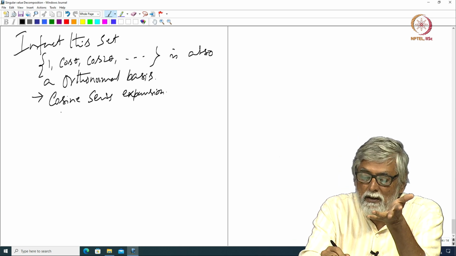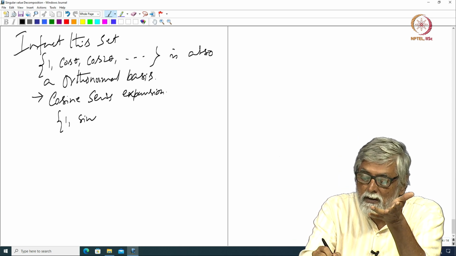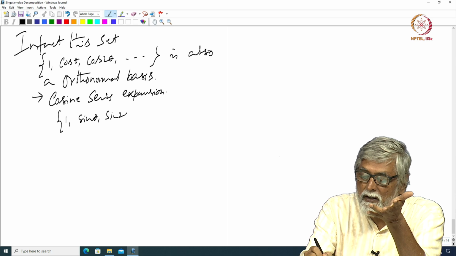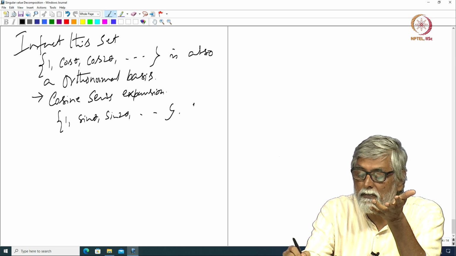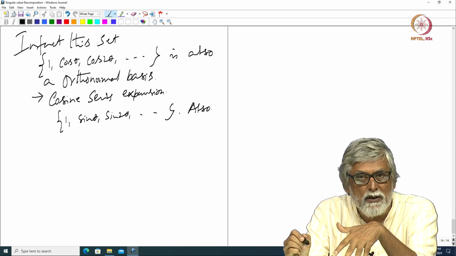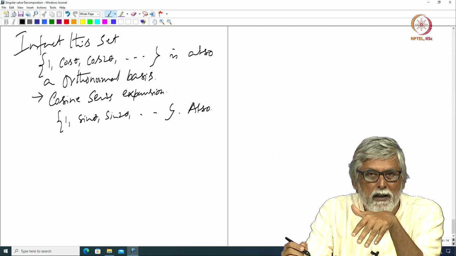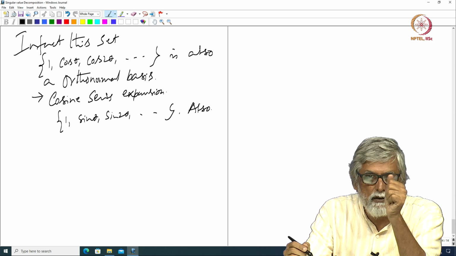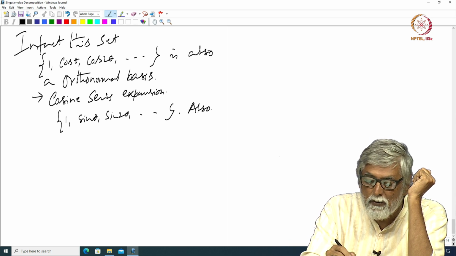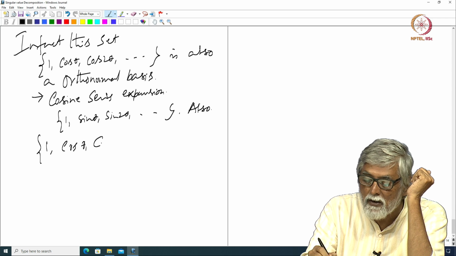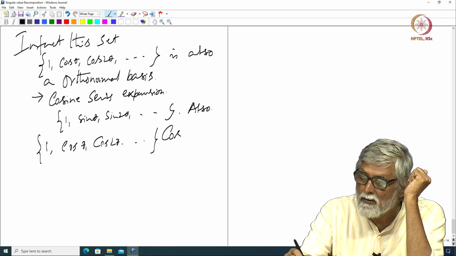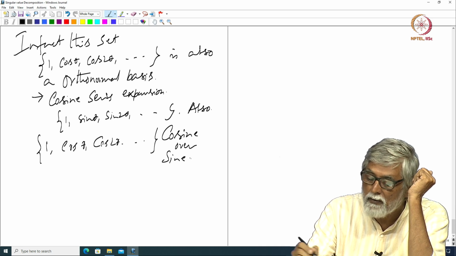You could have chosen this set 1, sin theta, sin 2 theta, etc., also. This also is orthonormal, but for all practical applications, which we will look at shortly, we prefer this set 1, cos theta, cos 2 theta. So we prefer the cosine over sine. Question is why?